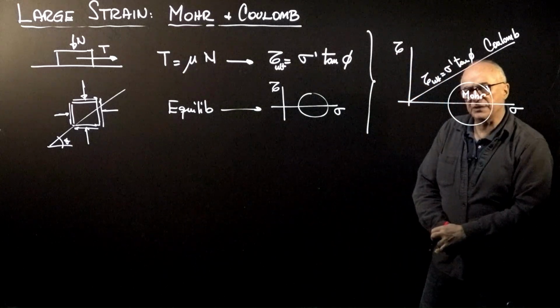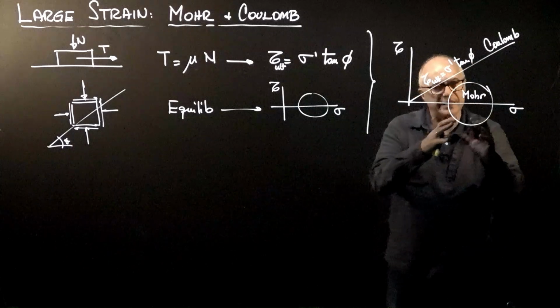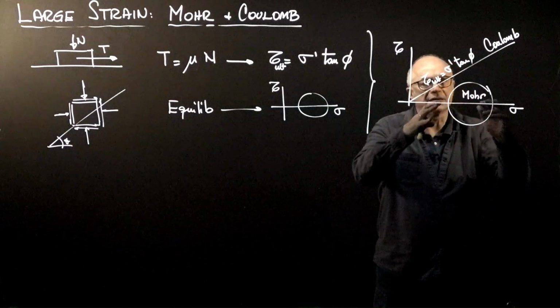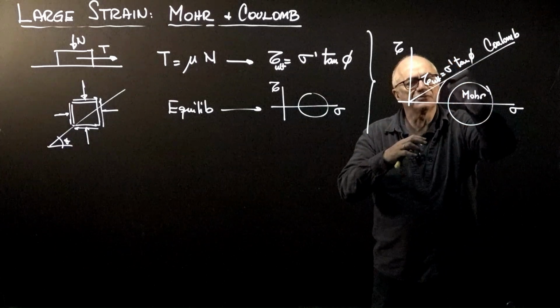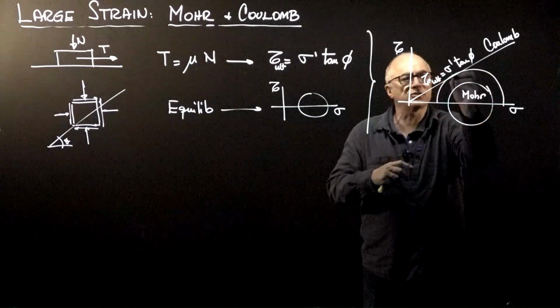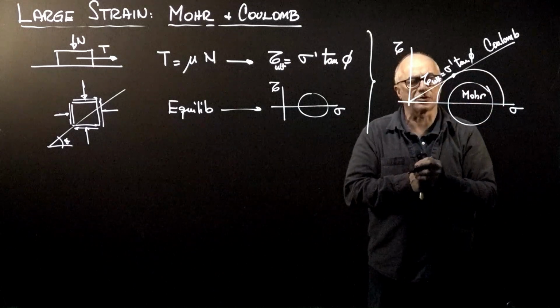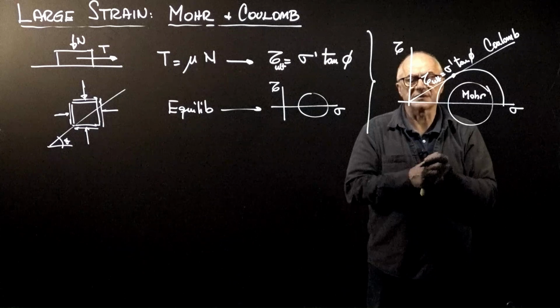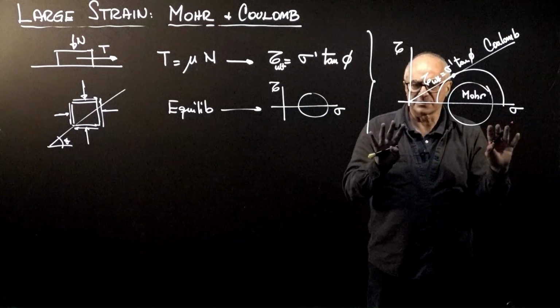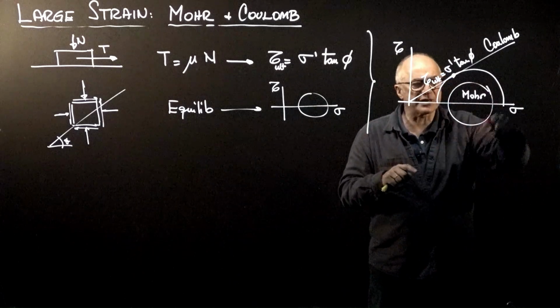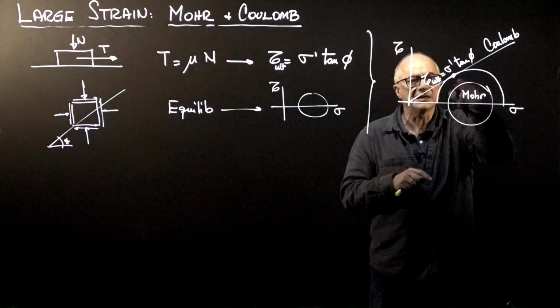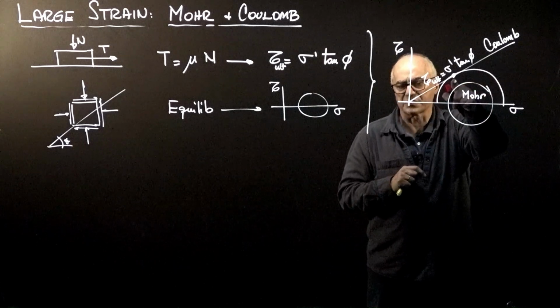The question is, what happens when the state of stress keeps expanding and all of a sudden it reaches the failure condition, it touches the failure envelope. And when that happens, in some direction, the state of stress at the point in equilibrium has reached failure conditions.